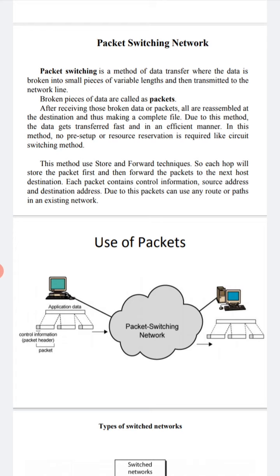Due to this, packets can use any route or path in an existing network. So in the packet switching network, the total data will be divided into pieces of data, and these pieces are called packets. We can send the packets one by one from source to destination.